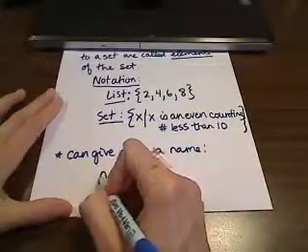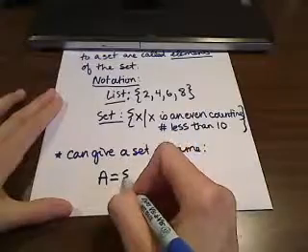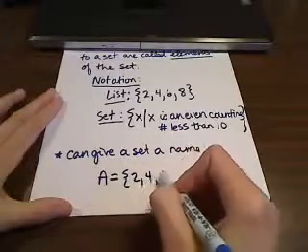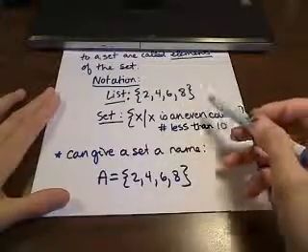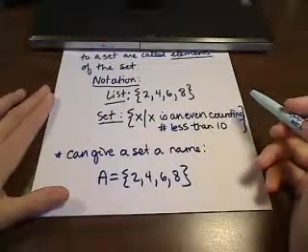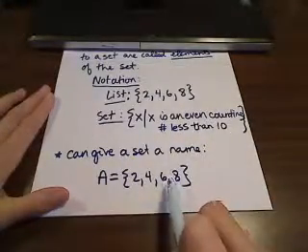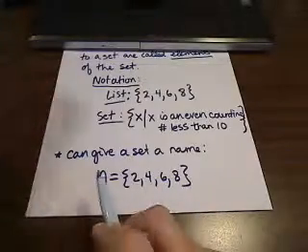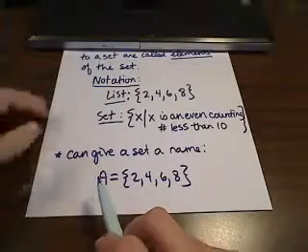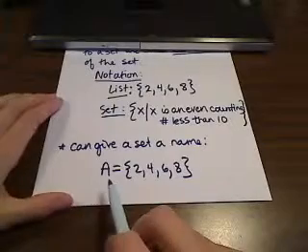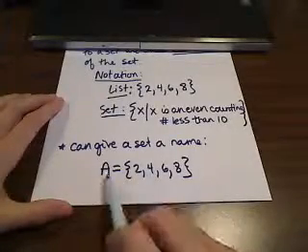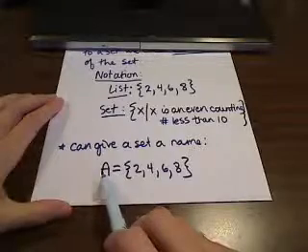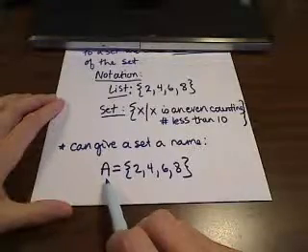It's certainly easier for me to talk about set A like this than it is for me to say, well, I'm going to look at the set containing the elements 2, 4, 6, and 8. I can identify this set as being labeled set A, and then I just have to say, I'm going to look at set A when I'm talking about it. Okay. Typically, when we are identifying sets with a name, it's usually a capital letter that we associate with it.